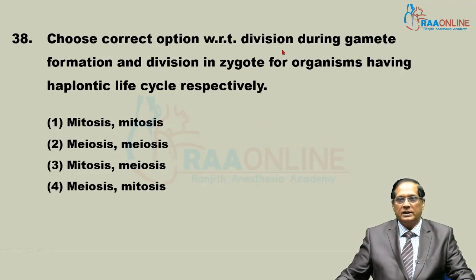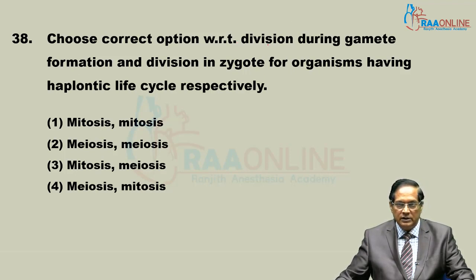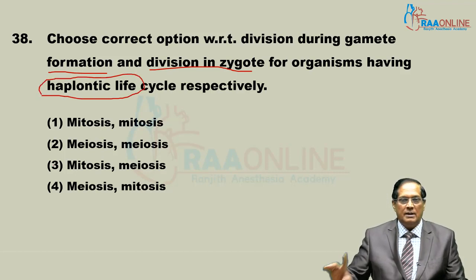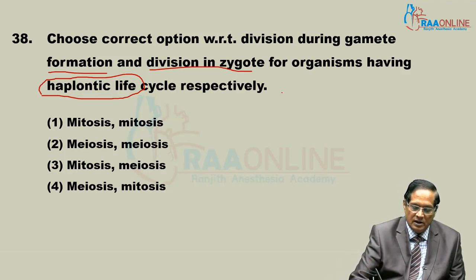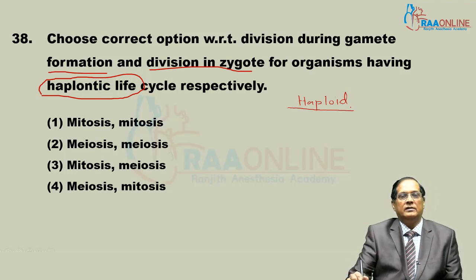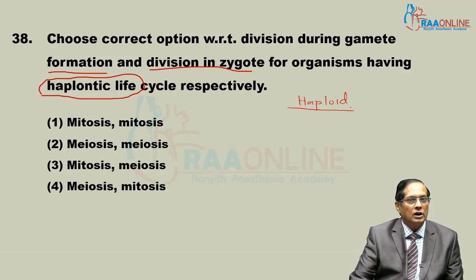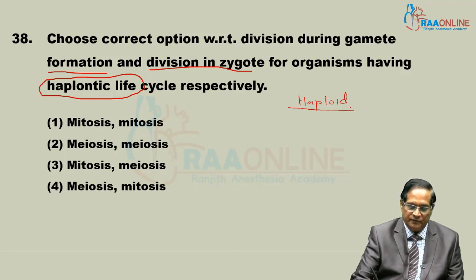Choose the correct option with respect to the division during gamete formation: during the division of zygote of organism having haplontic life cycle. See this one. In haplontic life cycle, the main plant body is haploid and they do not form embryo.